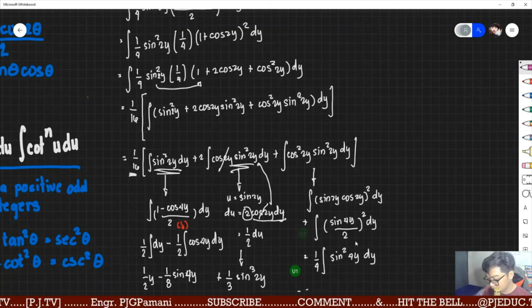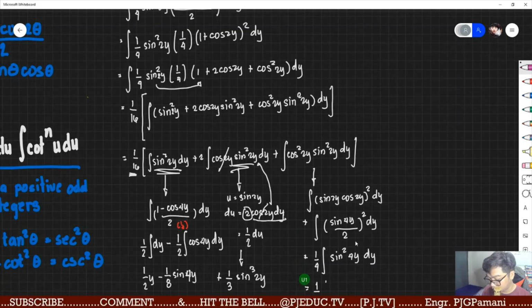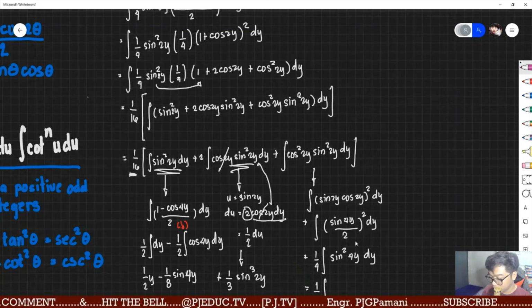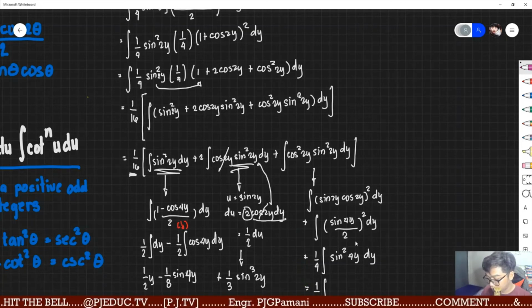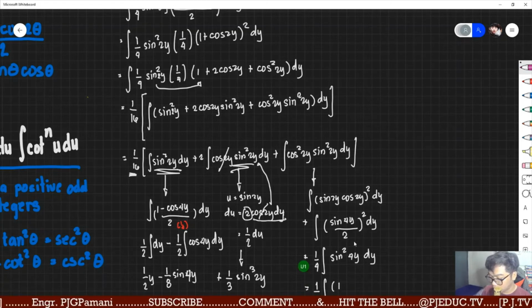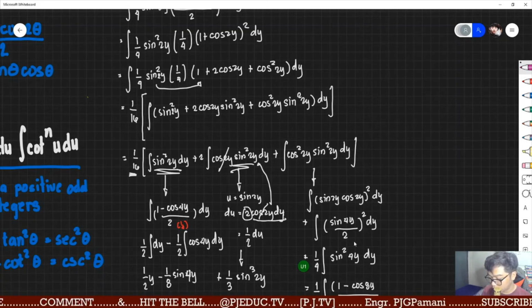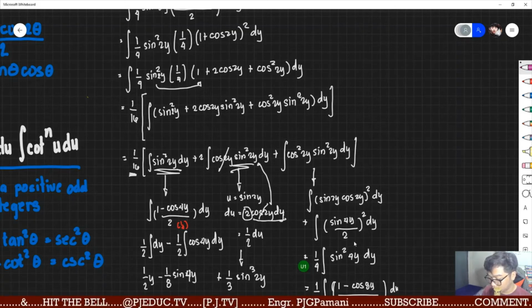Apply your identities again. 1/4 of what? That is now 2 times 4. From your known identities, that is 1 minus cosine 2 times 4, 8y all over 2 dy.